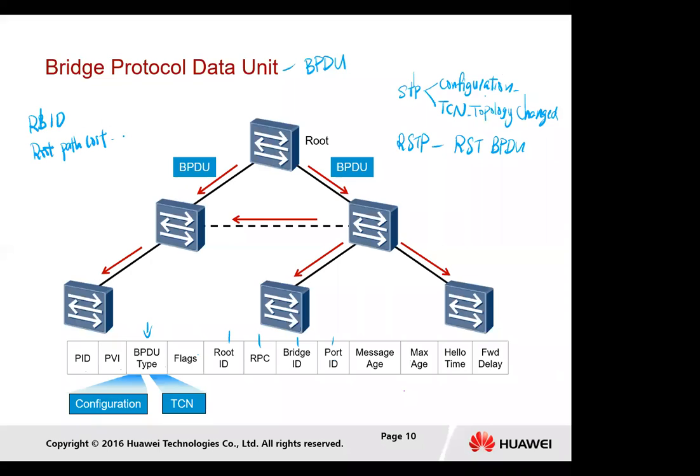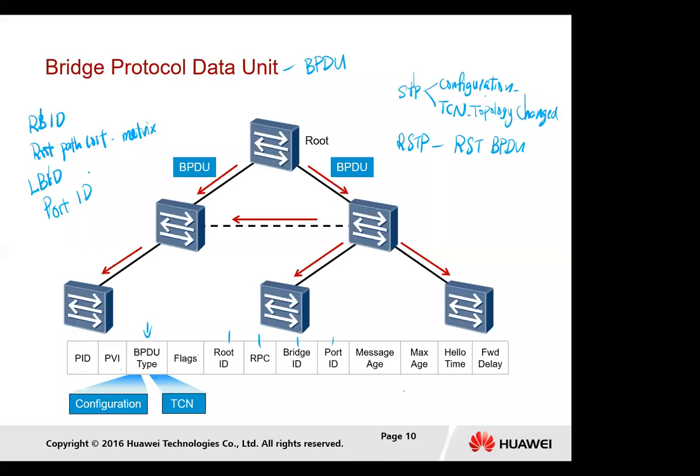So this one is the metric. Then the next one is the bridge ID. This is the local bridge ID. What is your local bridge ID? And the last one is your port ID.